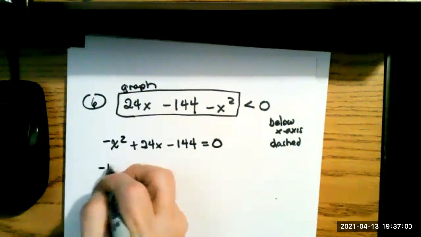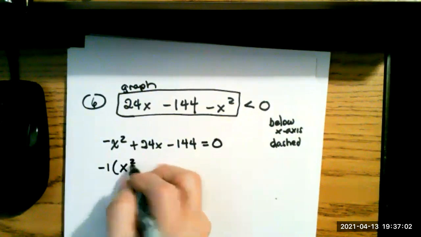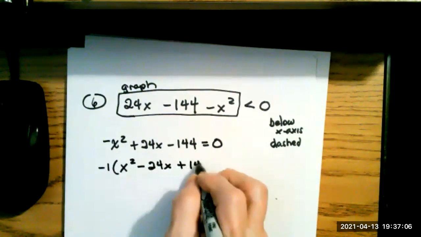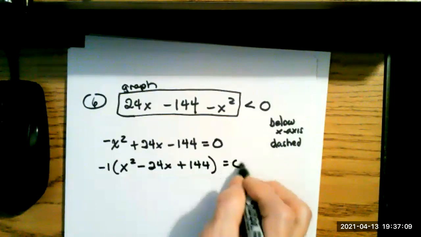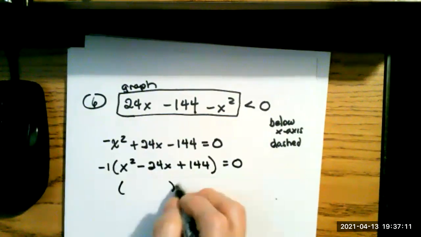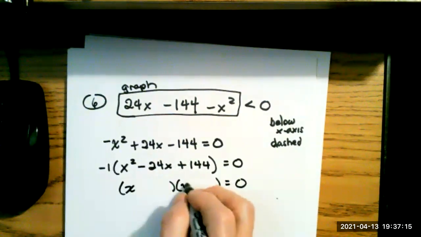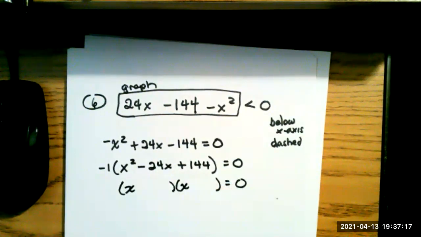So let's take out a -1 like we did on that trick a while ago, and it will change the signs on everything and make our little factoring section easier. Let's see if we can factor this. X and X, and I've got to do 144 so that when I add, I get -24. Can you think of what that might be?